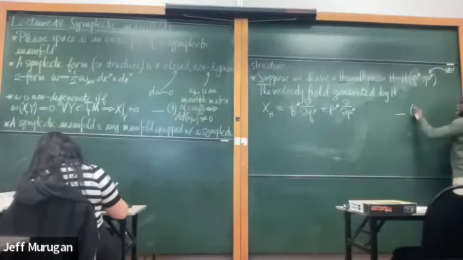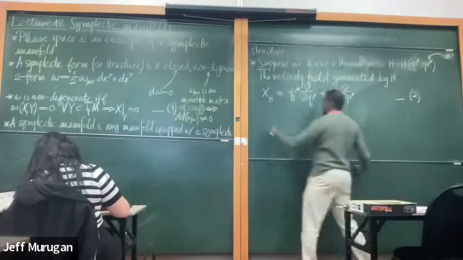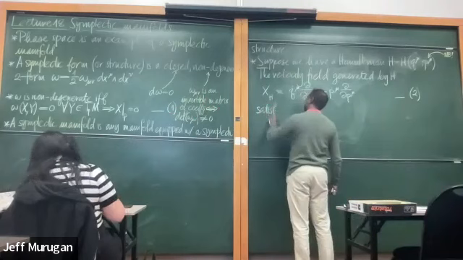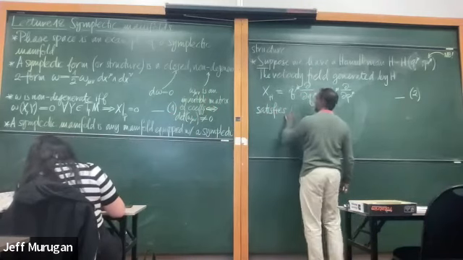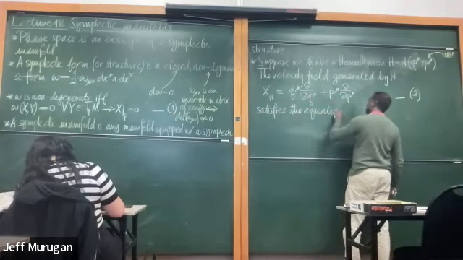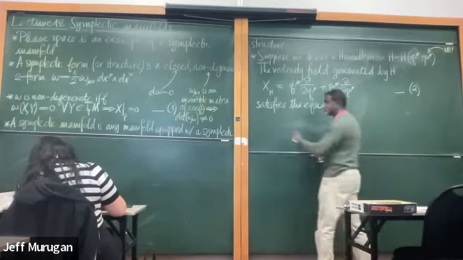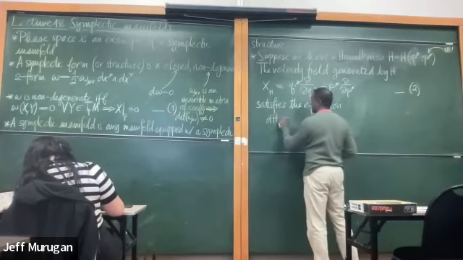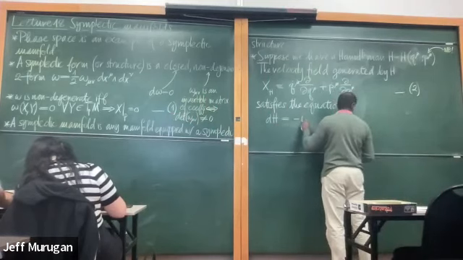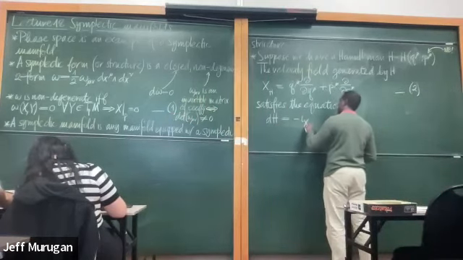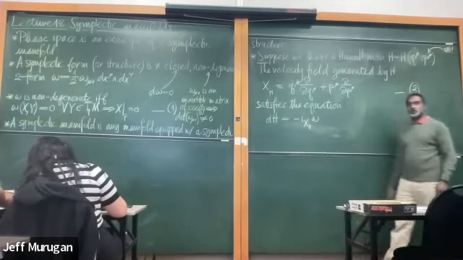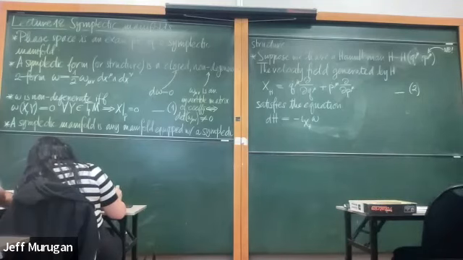It's found by solving the equation dH equals minus the interior product of omega with respect to the velocity vector field.